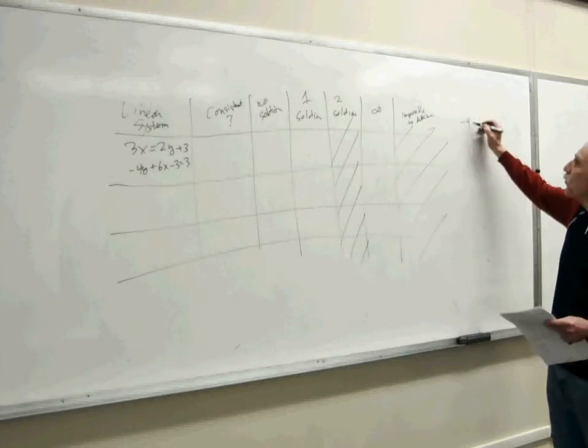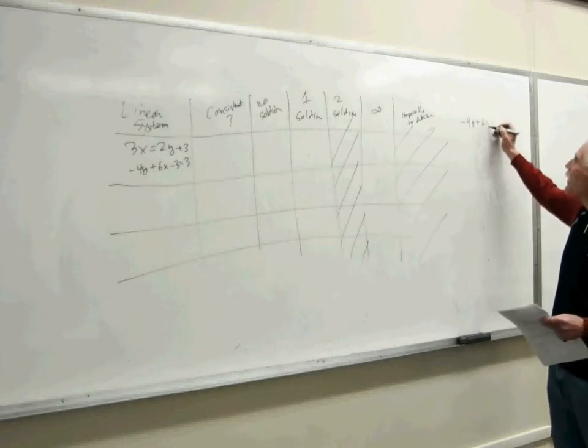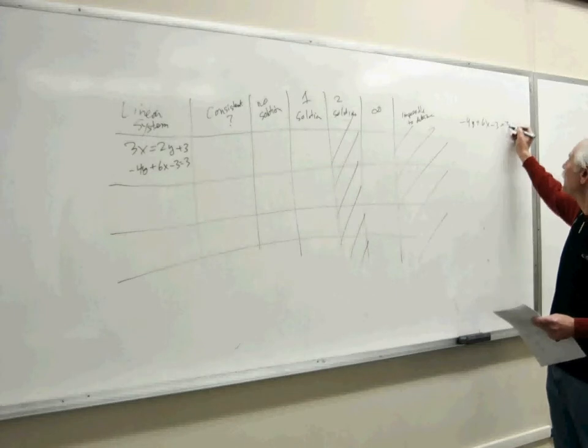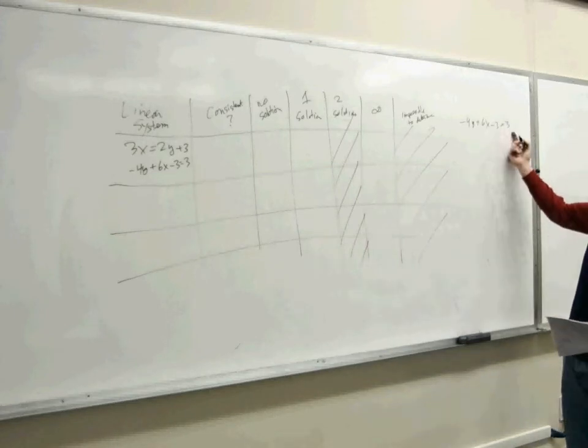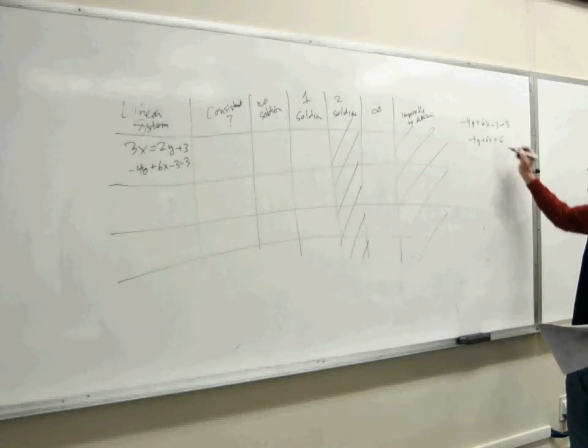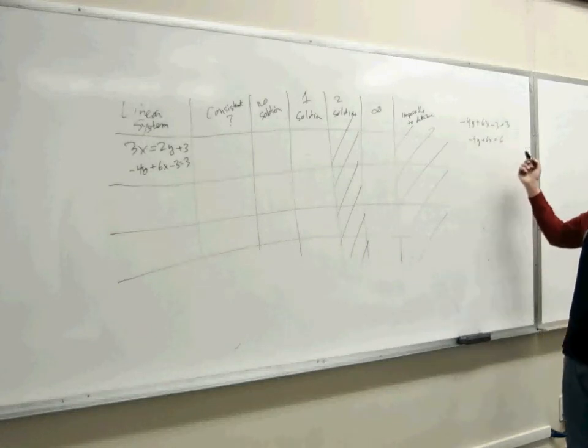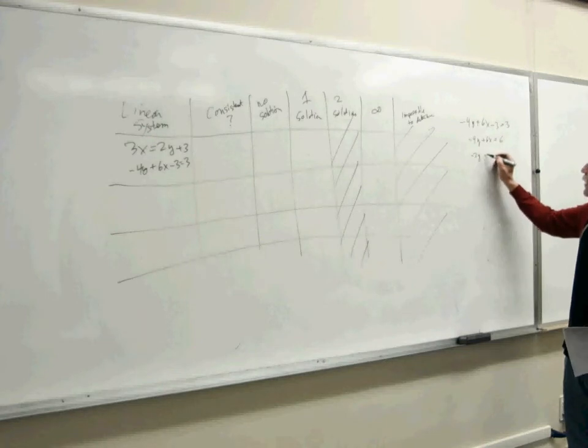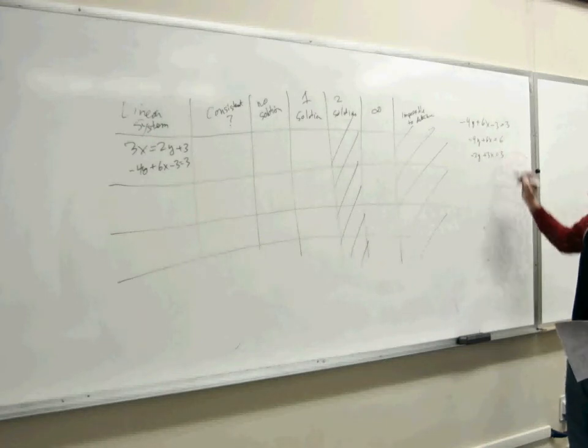It was minus 4y plus 6x minus 3 equals 3. Well, come on. Let's put the 3 on the other side at least. Minus 4y plus 6x equals 6. Let me divide by 2. I get minus 2y plus 3x equals 3.